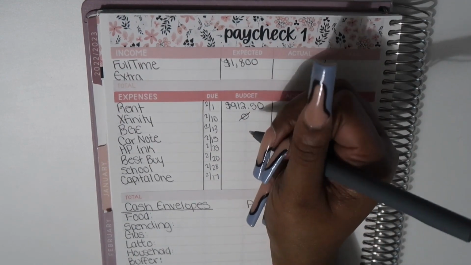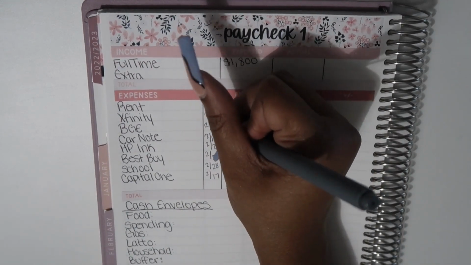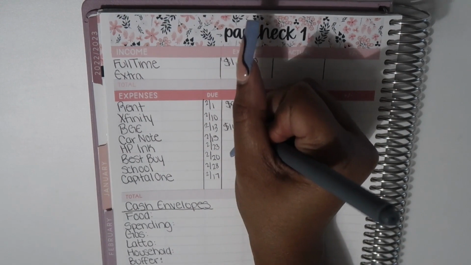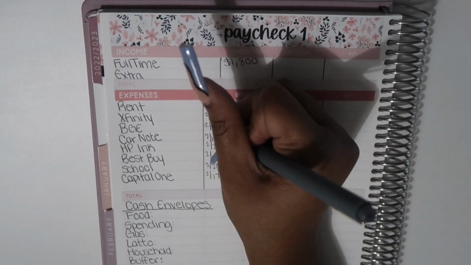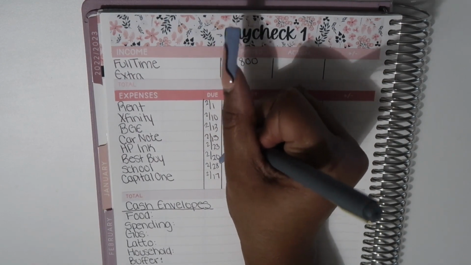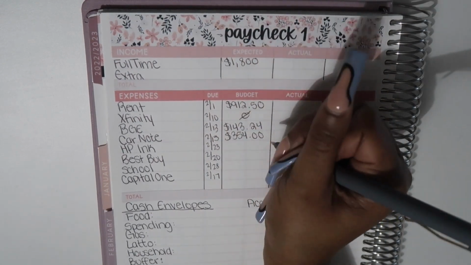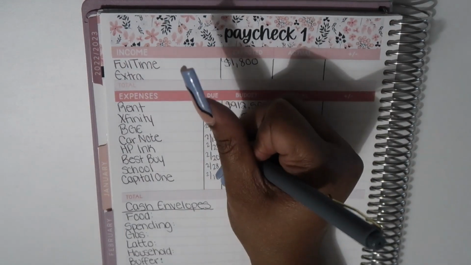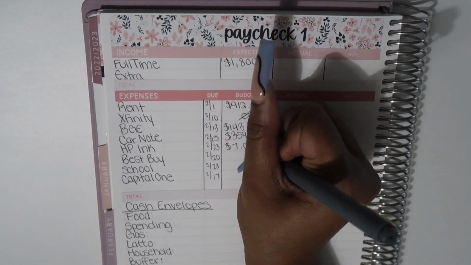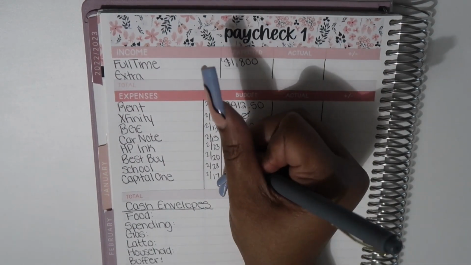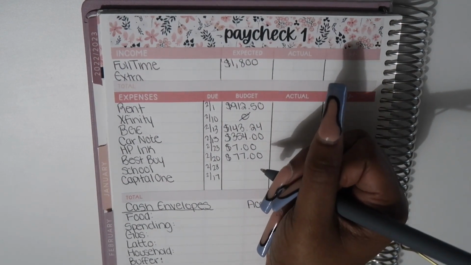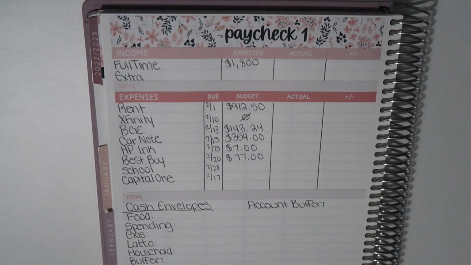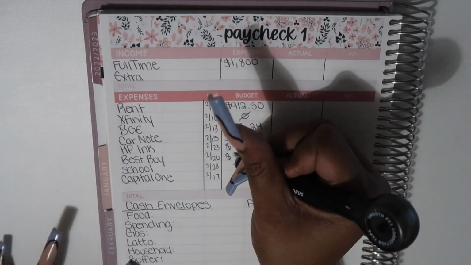So BG&E has $143.24. My car note, we're going to budget the $354. HP Inc., we're going to budget $7. Best Buy is $50 for this week.